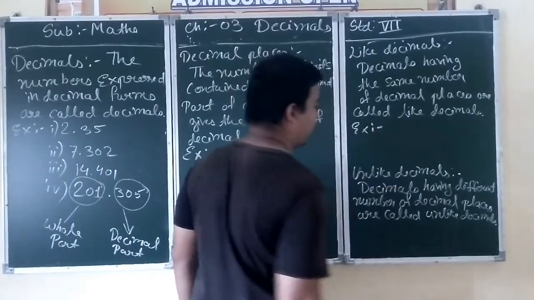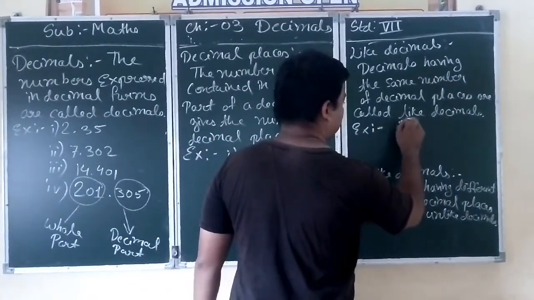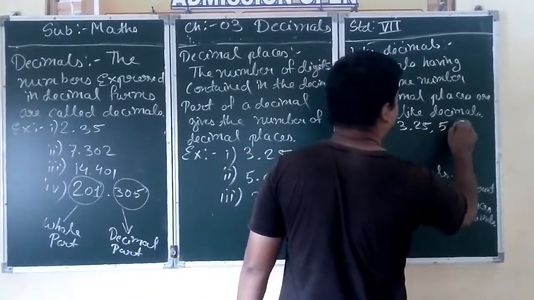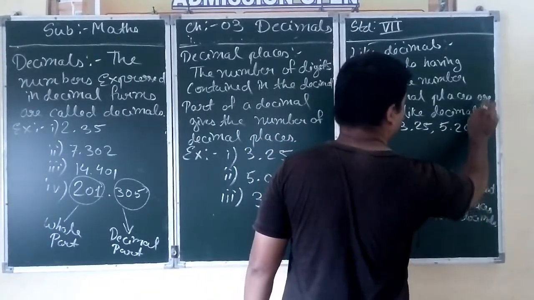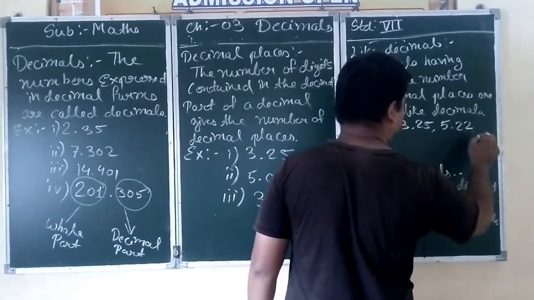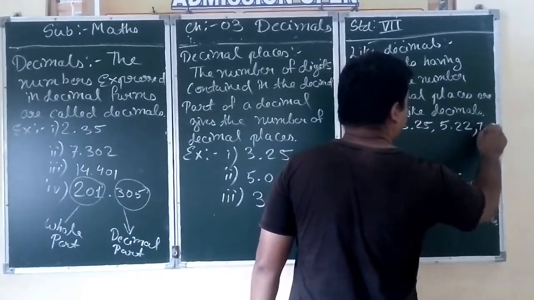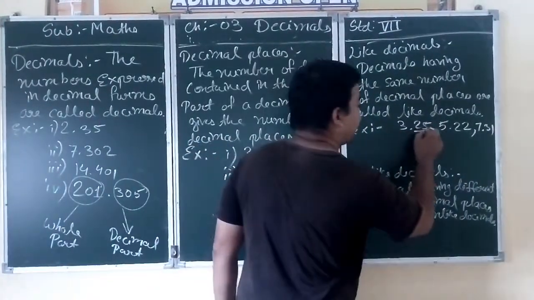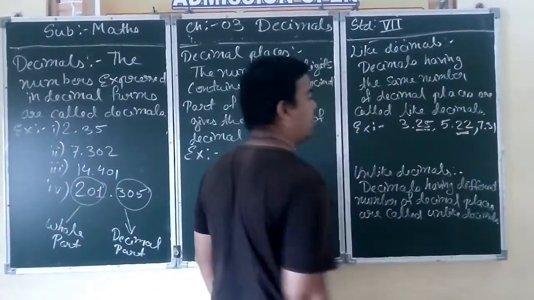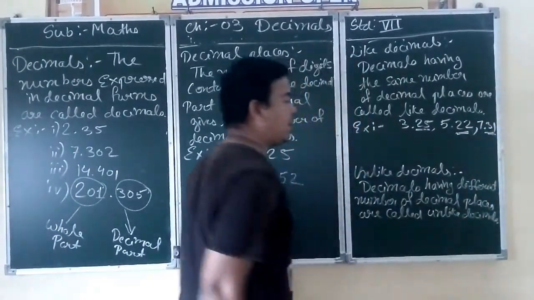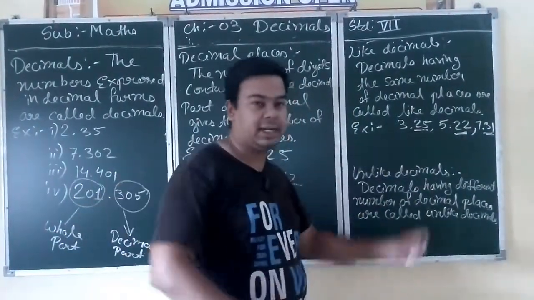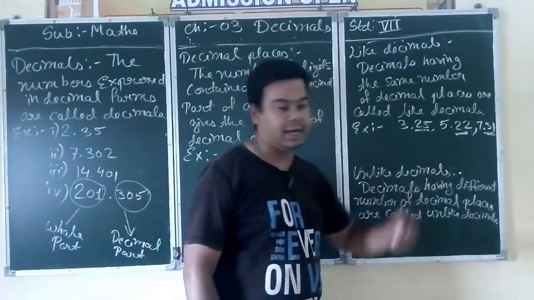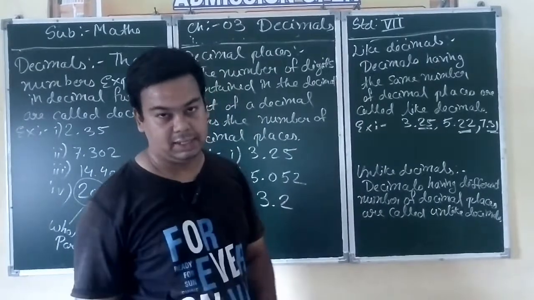I will explain with an example: 3.25, 5.20, 22.7, 31. After the decimal point, the decimal parts have the same number of places, tens, hundreds. So these are called like decimals.